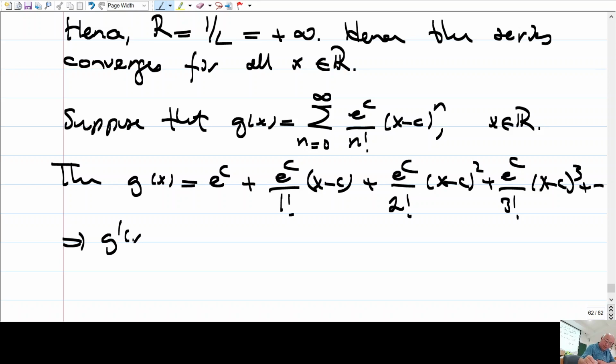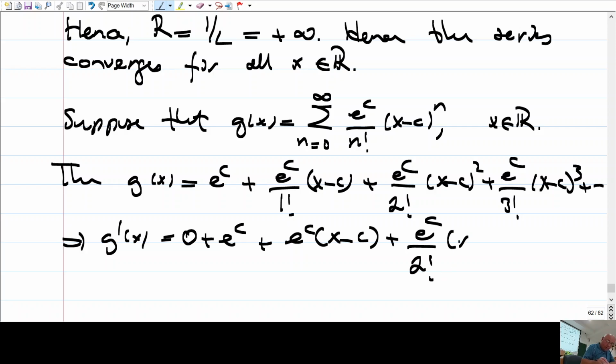So when you take the derivative, you get 0 and then e to the power c, plus 2 comes down and you get e to the power c times x minus c, and then 3 comes down and you get e to the power c over 2 factorial times x minus c squared. Then I have here e to the power c over 4 factorial times x minus c to the power 4.